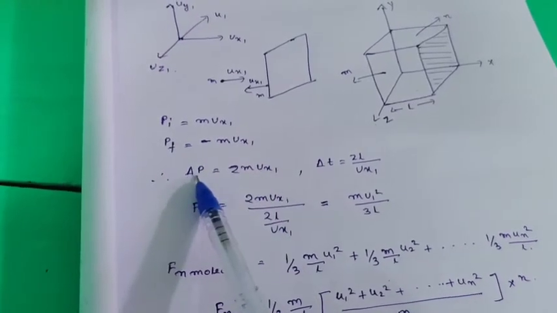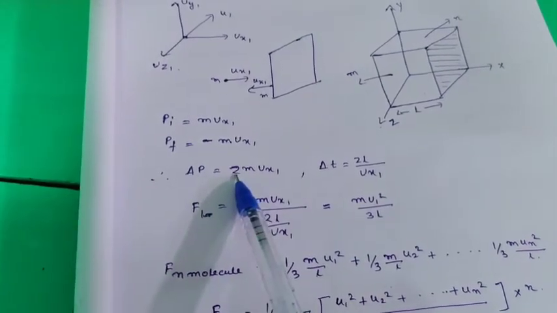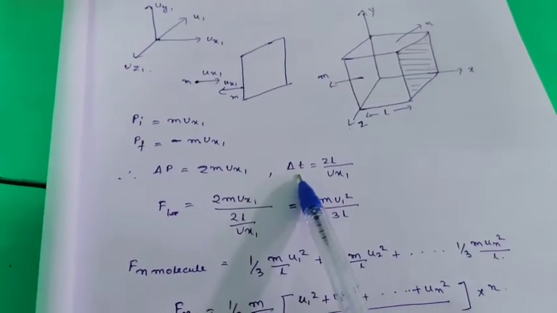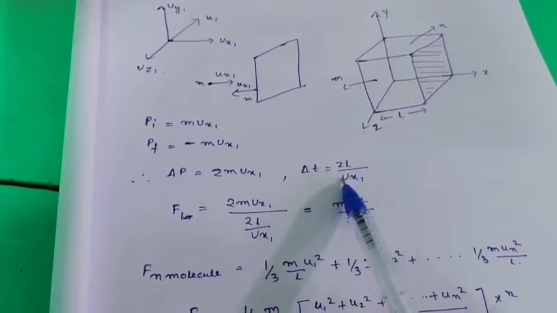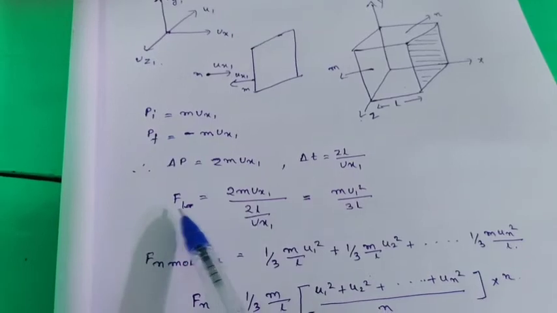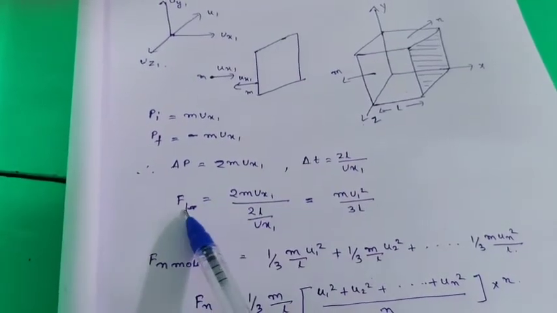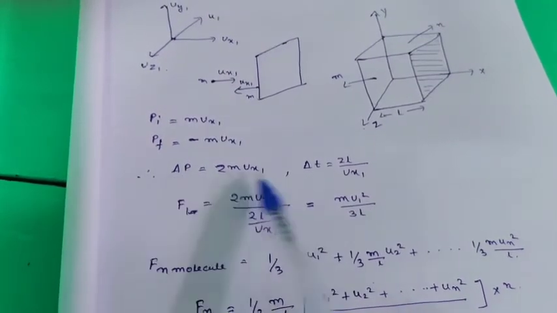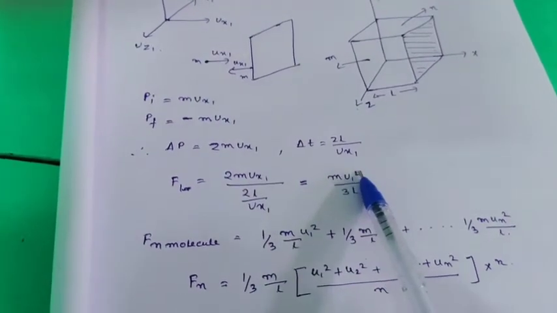The change of momentum is twice m ux1. The time between collisions is delta t equal to twice L by ux1. With this momentum change and time, we can calculate the force due to one molecule, which is delta p by delta t.